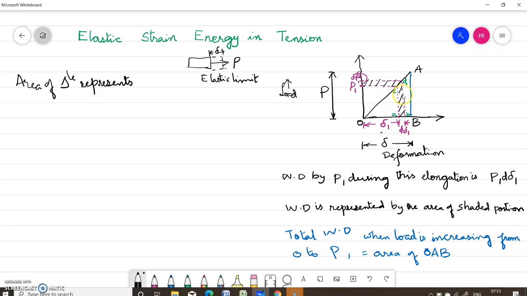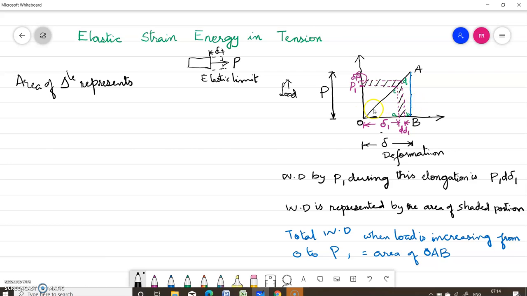The work done will be represented by the area of this trapezoid, A, B, C, D. So in the total process, as the load increases from 0 to P and the elongation from 0 to delta, the total work done is the summation of many such elemental areas, and is given by the area of triangle OAB.